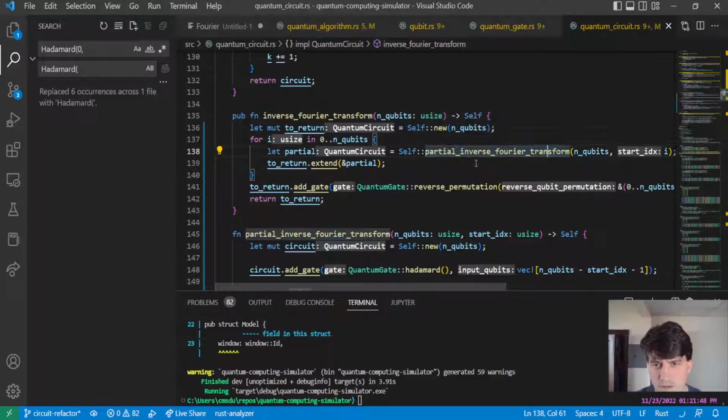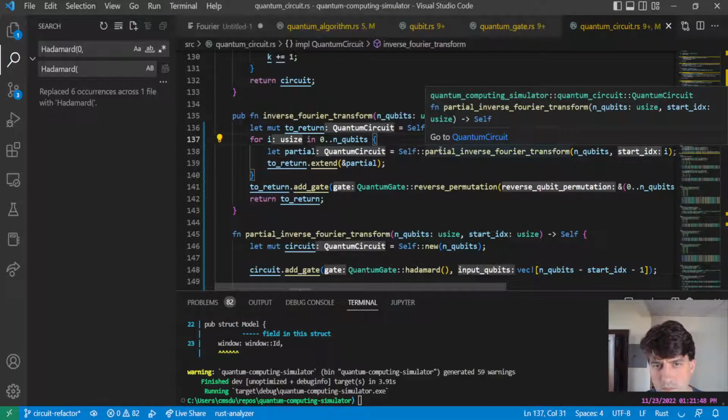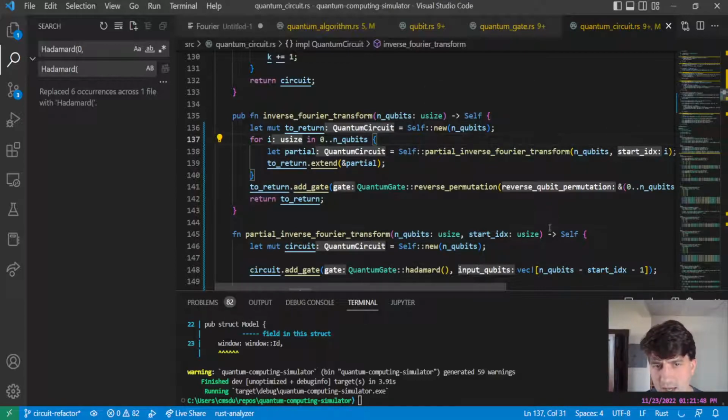So another possibility here is to reverse it outside the function.